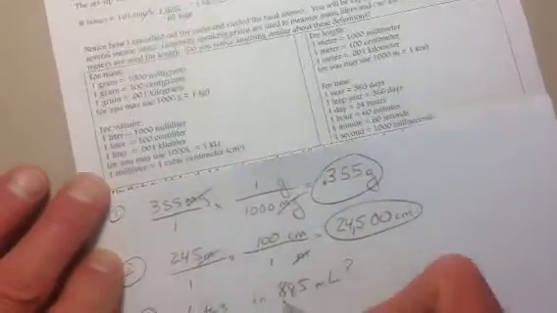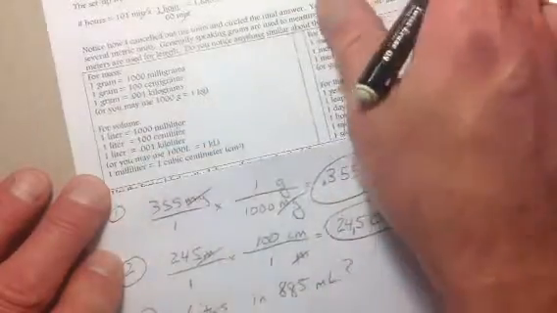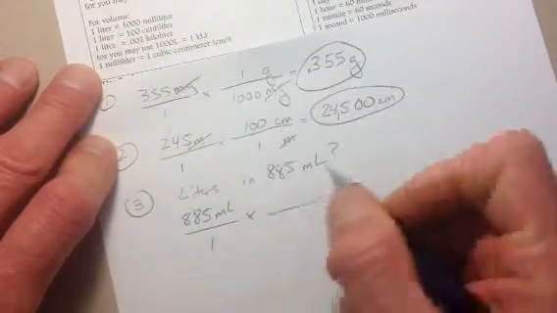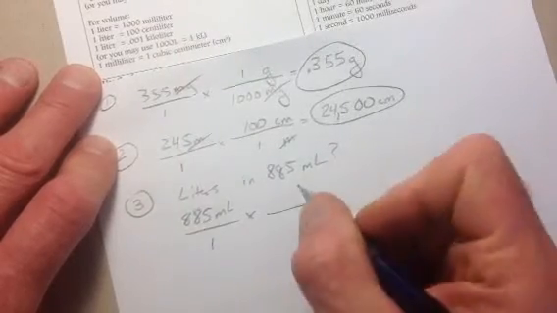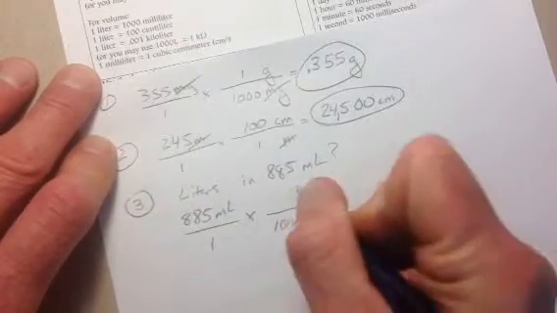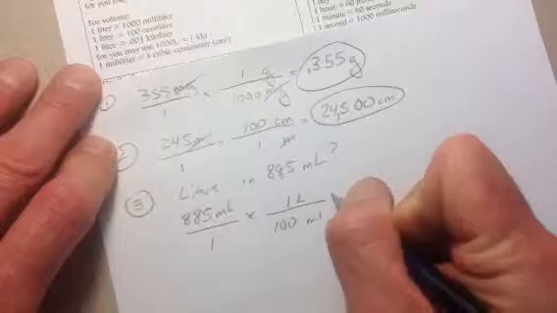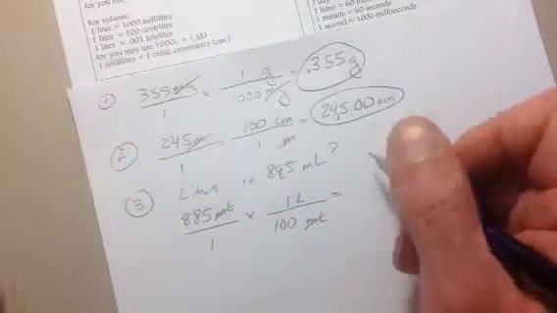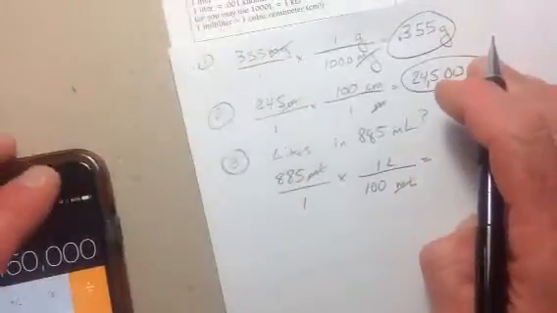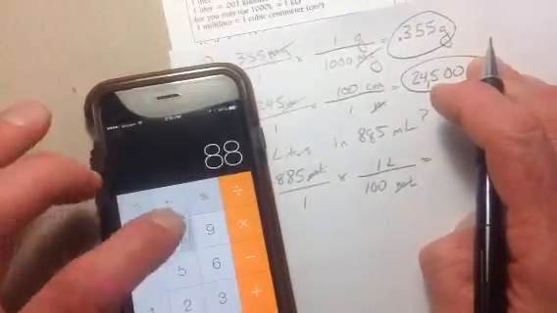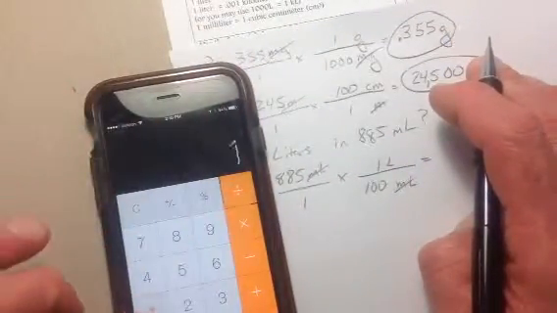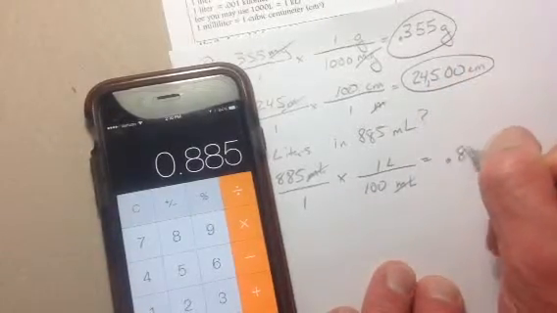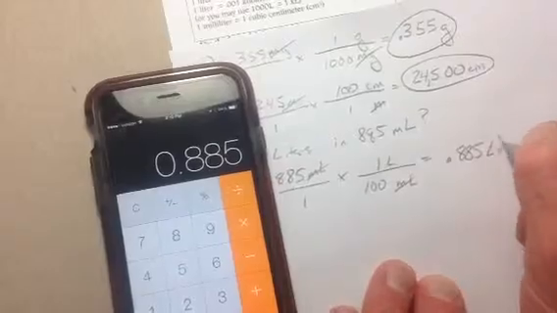So this tells me there's 1,000 milliliters in a liter. And since my milliliters are on the top, I'll do milliliters on the bottom, and there are 1,000 milliliters in 1 liter. Milliliters will cancel, and if you're using a calculator, it will be 885 divided by 1,000 equals 0.885 liters.